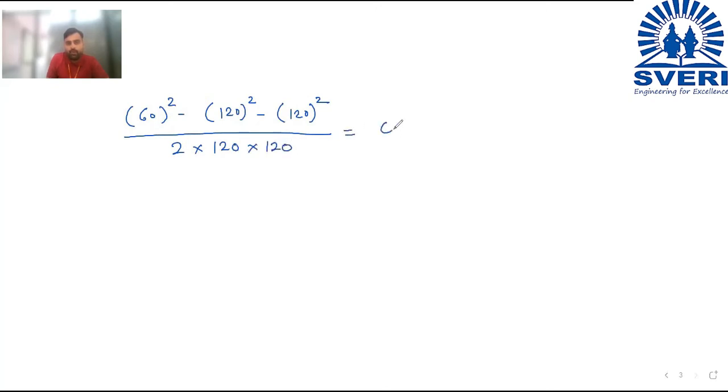So this will give you the value of cos theta. So let me know the answer. Cos theta is equal to what value do you get? I am asking the value of cos theta. Find out the value of cos theta.